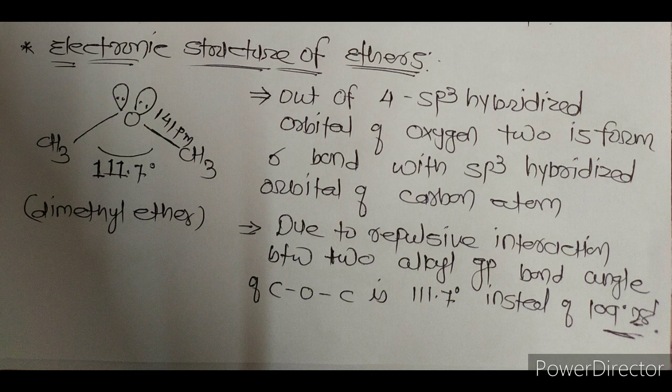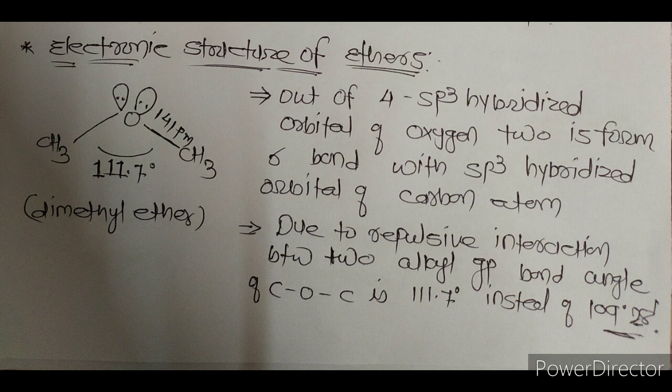So we studied the electronic structure of alcohol, phenol and ether. The bond angle of methanol is less than 109 degree 28 minute. For phenol, it is 109 degree.